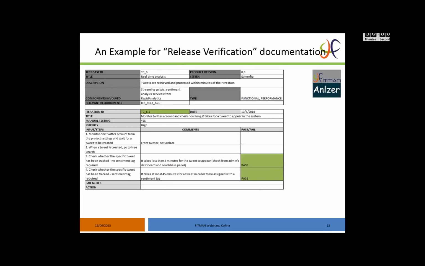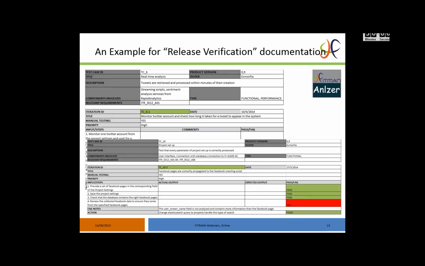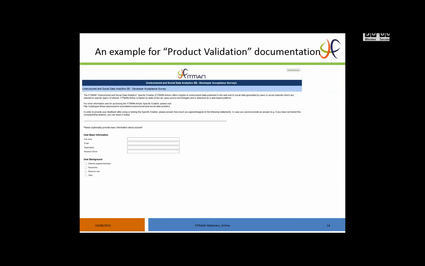For step 4, the release verification, each developer of the specific enabler provided documentation of the tests that were conducted in detail in order to ensure that the specific enablers were of the expected quality before they were released.